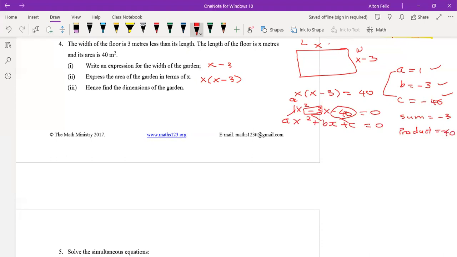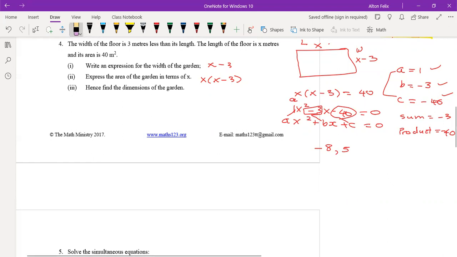Right, so trial and error. The two numbers that I can choose that multiply to give me minus 40 will be minus 8 and 5. We know minus 8 times 5 would be minus 40, and minus 8 plus 5 will be minus 3.